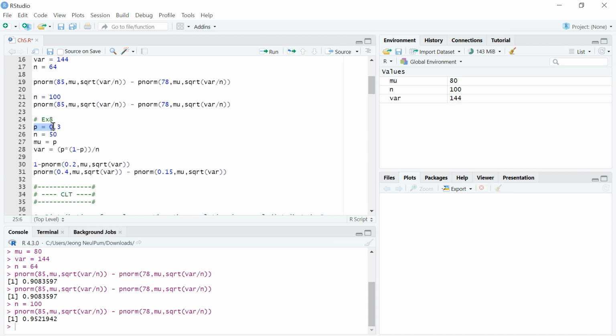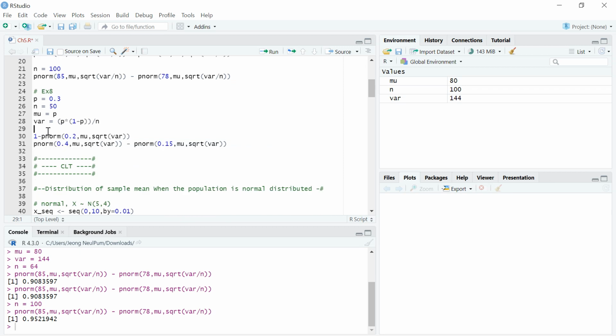We already know the population proportion and sample size. So we know that our sample proportion follows the normal distribution with the mean the same as P, and the variance as this value.